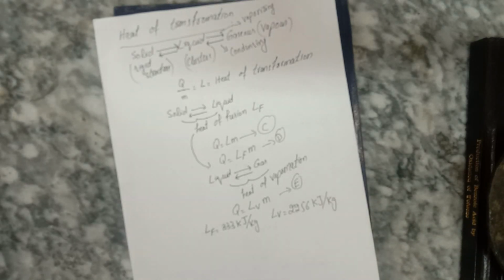There is a table in the book, table 18.4, which basically gives the melting and boiling points of different elements, along with their latent heat of fusion and latent heat of vaporization.